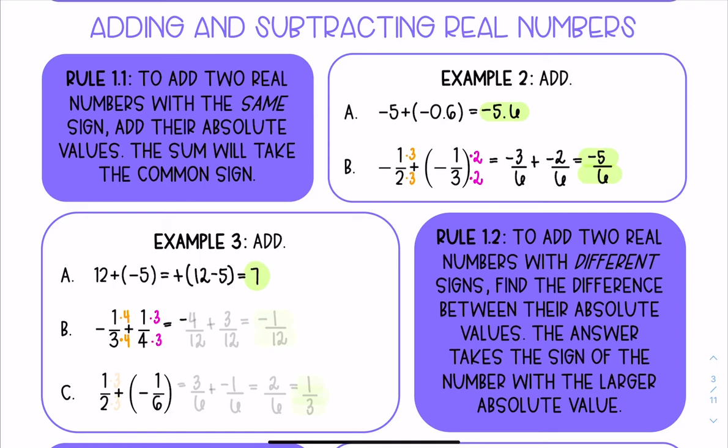So this gives me negative 4 over 12 plus 3 over 12. Now because 4 is bigger than 3, that means that my answer is going to be negative. And then 4 minus 3 gives me 1, and that's going to be over 12.